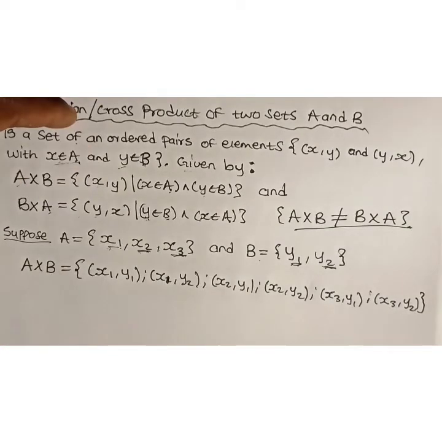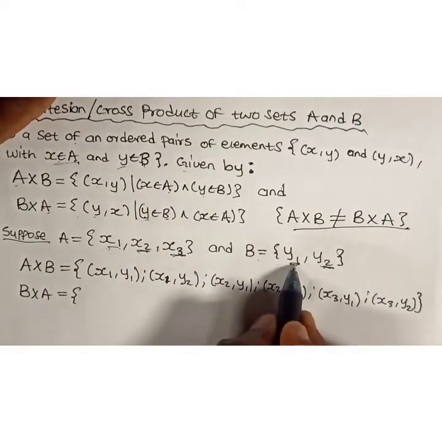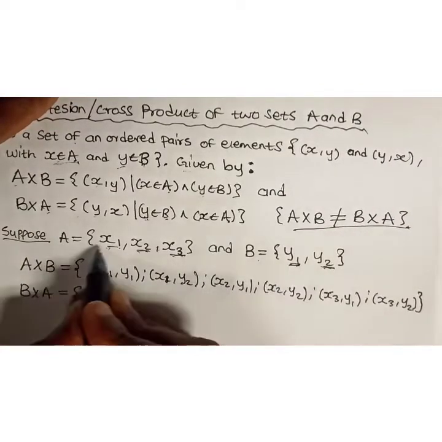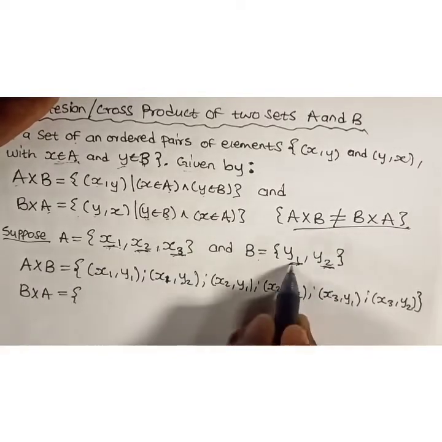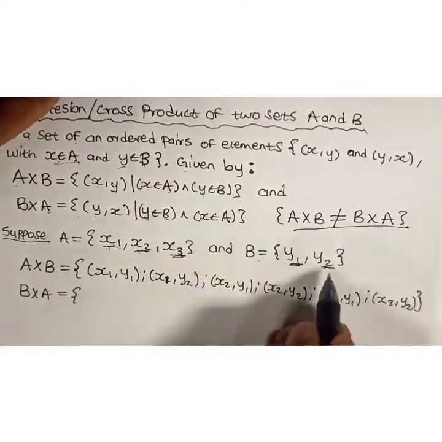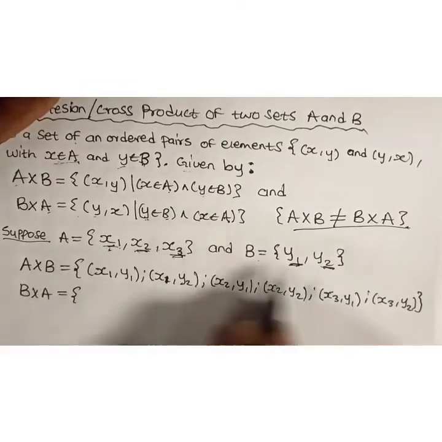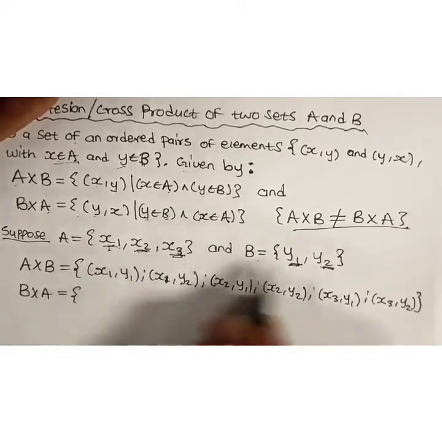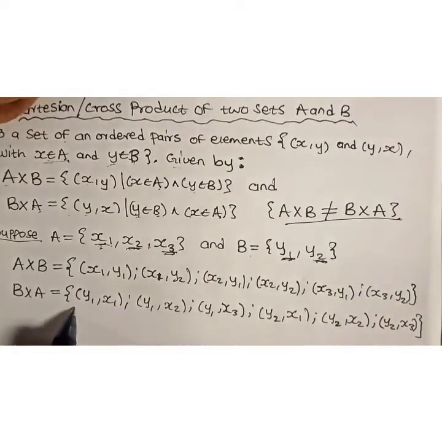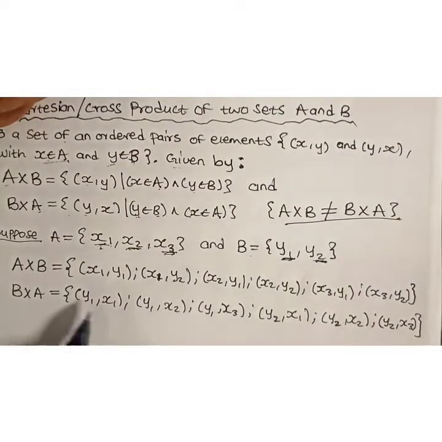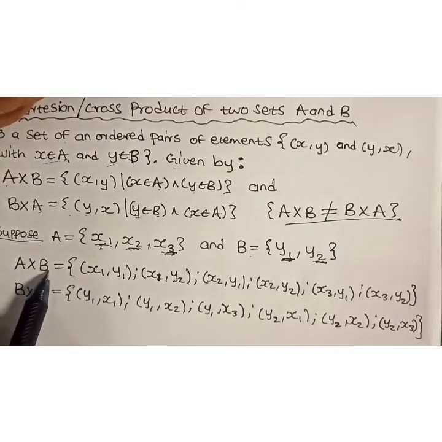And for B cross A, now we are starting with Y1, X1, Y1, X2, Y1, X3, Y2, X1, Y2, X2, Y2, X3. So this is the result. You can see that indeed A cross B is not the same as B cross A.